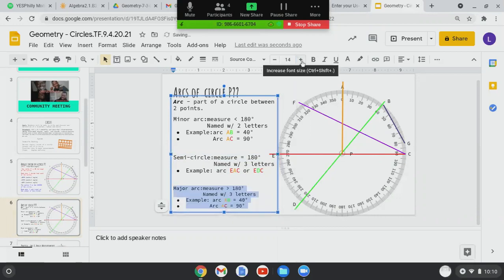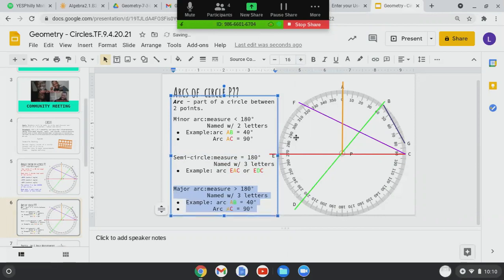I am just trying to make sure that it all fits. Okay.